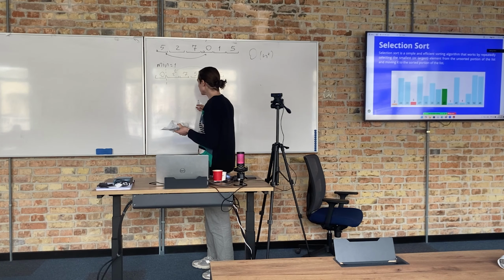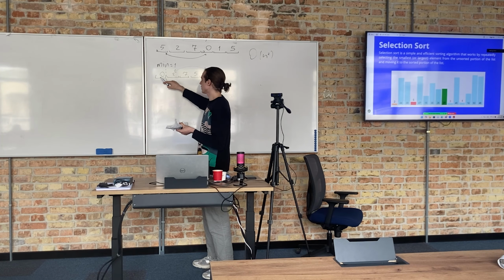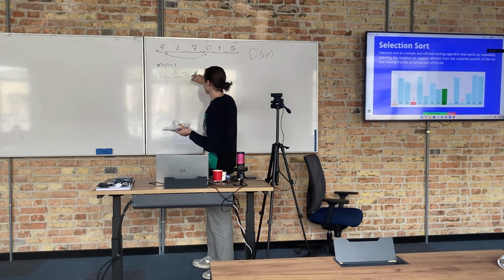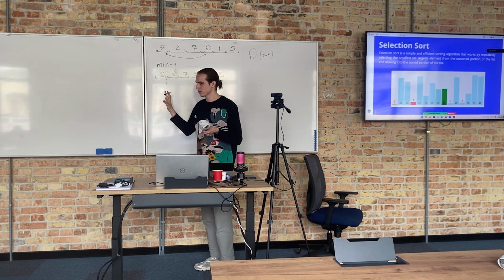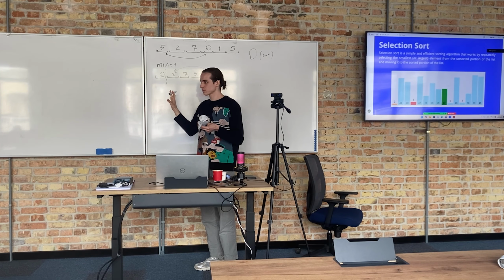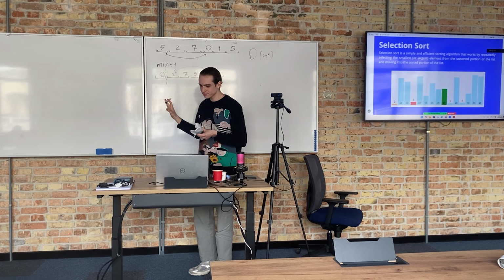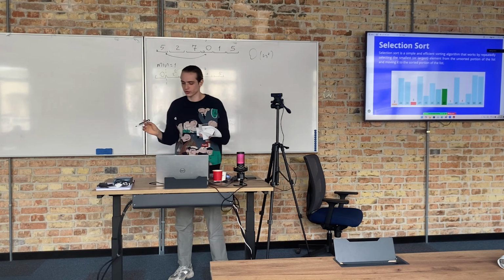So even if we have a sorted array, we still traverse all elements to be sure that there are no min elements at the end of the array. Does it make sense? Okay. So this is selection sort.